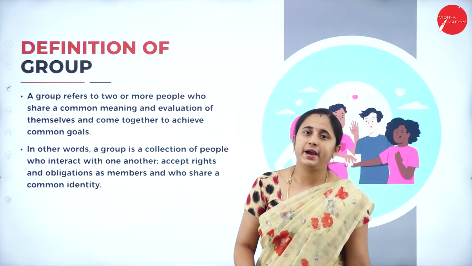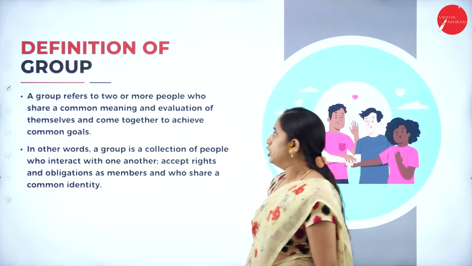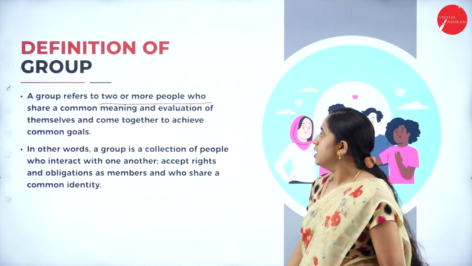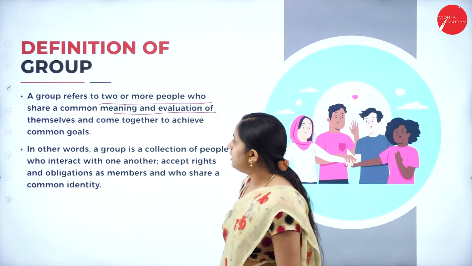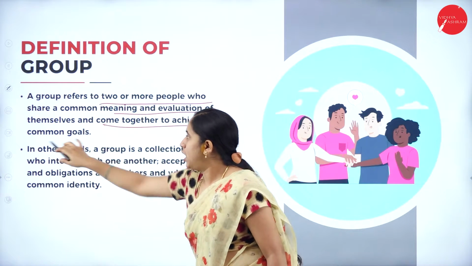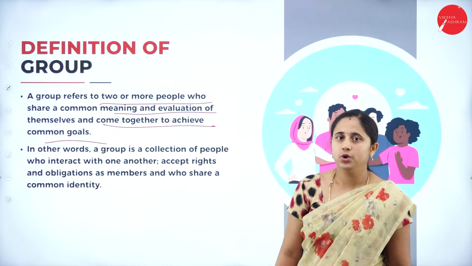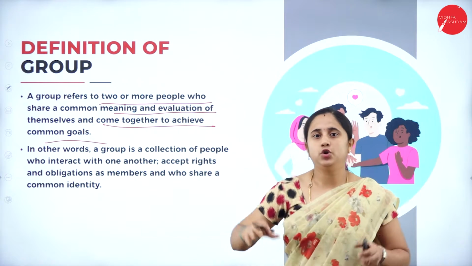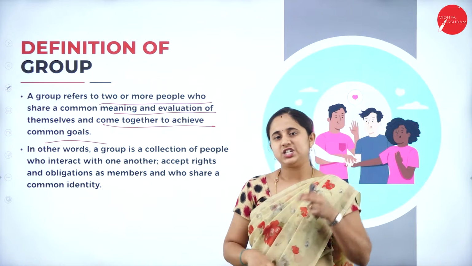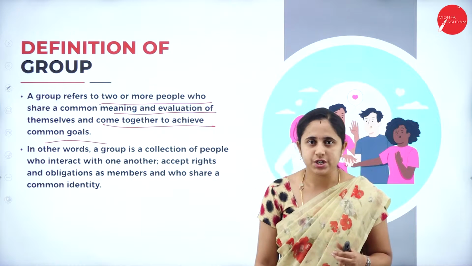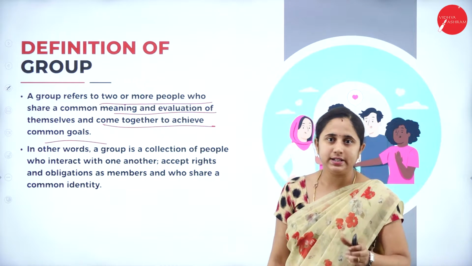Next, what do you mean by group? The definition of group: a group refers to two or more people who share a common meaning and evaluation of themselves and come together to achieve a common goal. The common goal is to achieve the organizational objective or to complete a particular task.